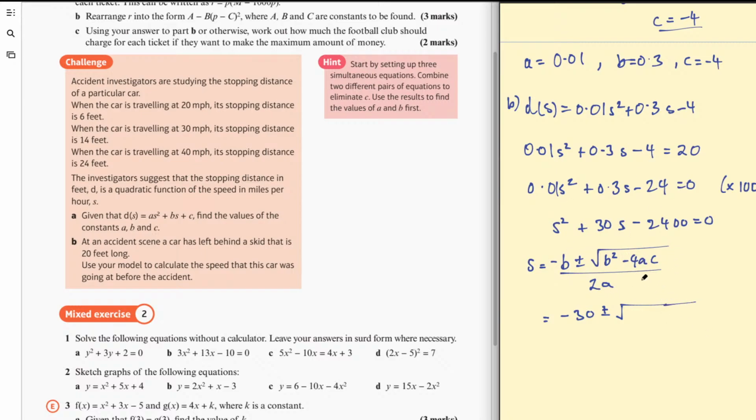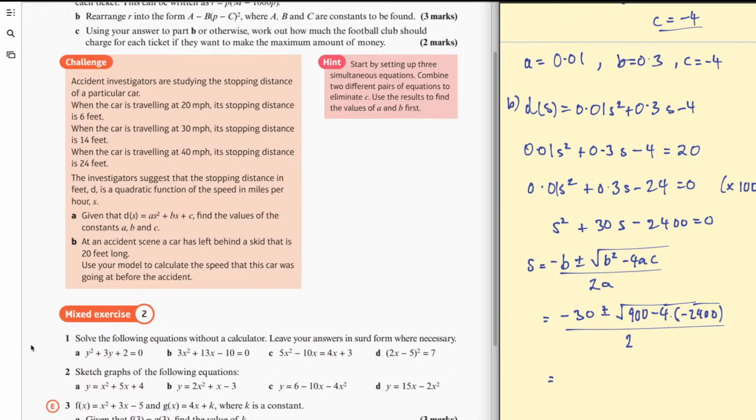Doesn't really matter, I'll be using the calculator anyway. b squared is 900, take 4 times a, which is just 1, times c, which is -2400, and then that's divided by 2.